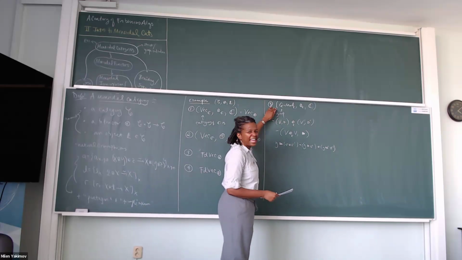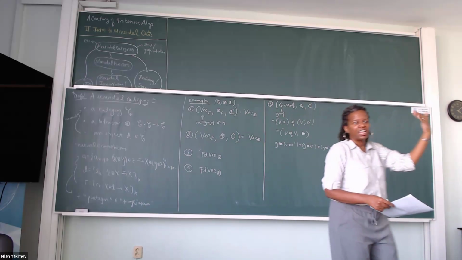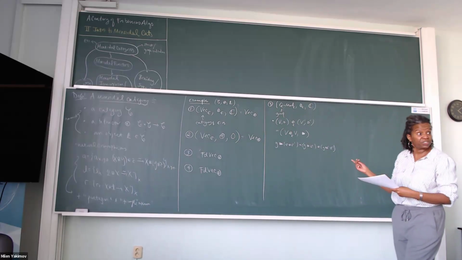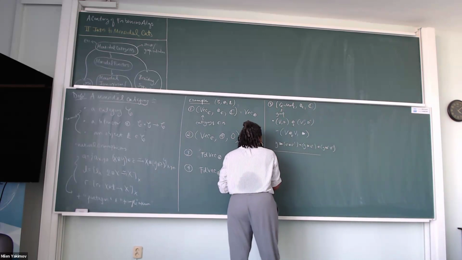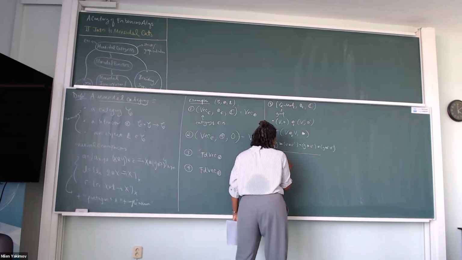But in general, if I take an algebra A, A-mod is not necessarily monoidal. What I need is some extra structure on A in order to get that the tensor product of modules is monoidal. G was very special. So the algebraic version of this is by taking what's called a bialgebra or a Hopf algebra.